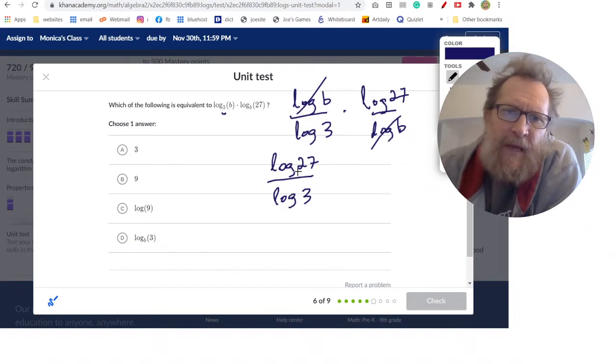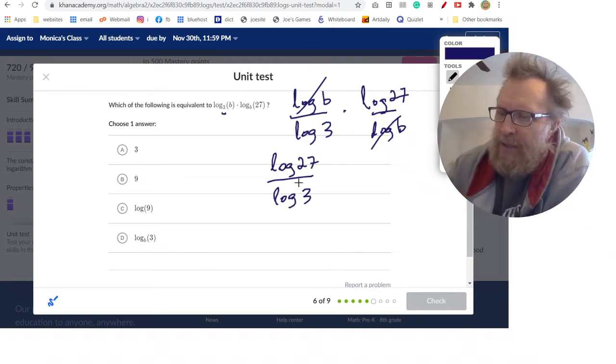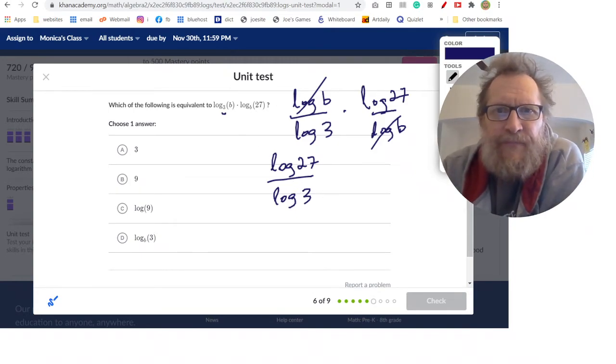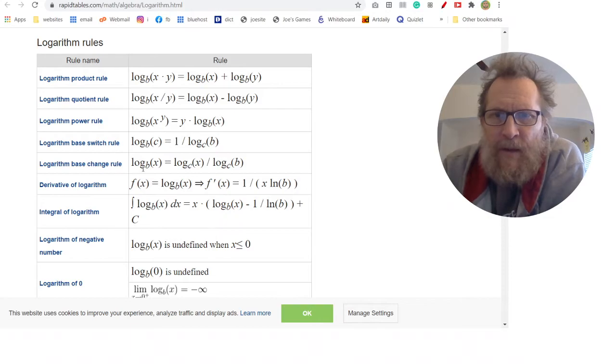Well, if I've got these, we can look over at our rules here, and it says that if I've got which one?